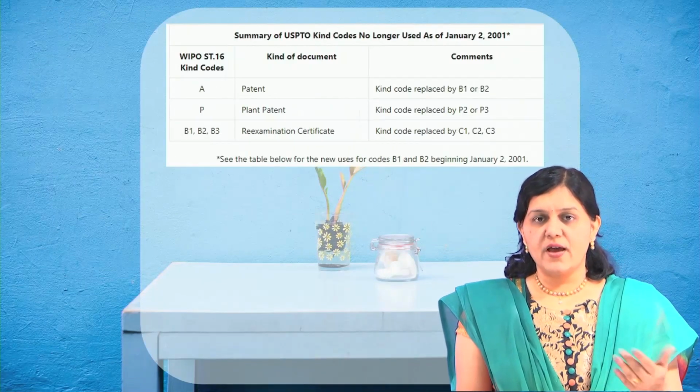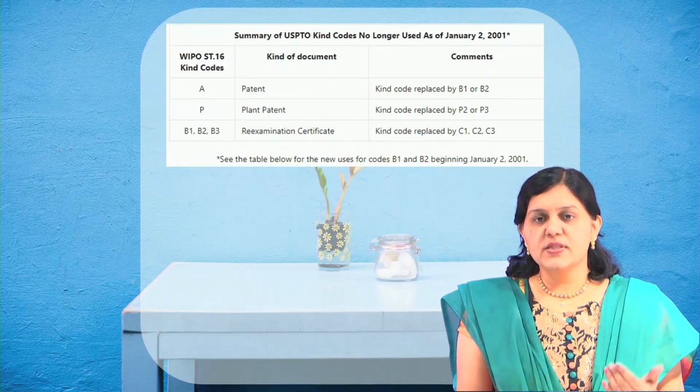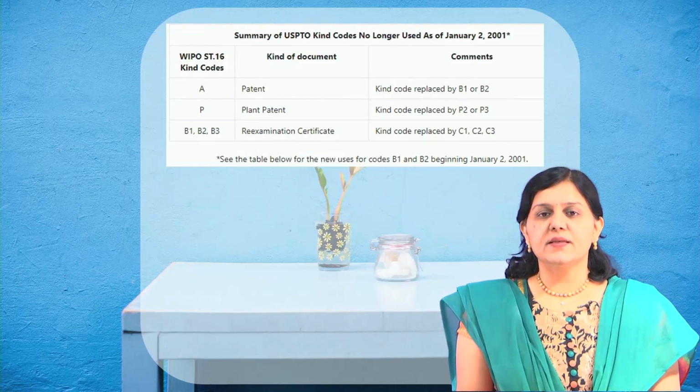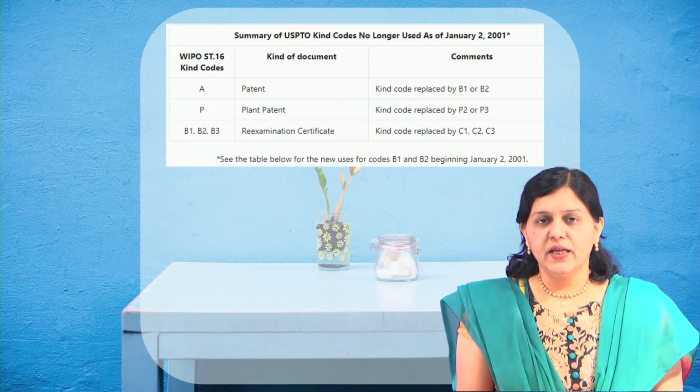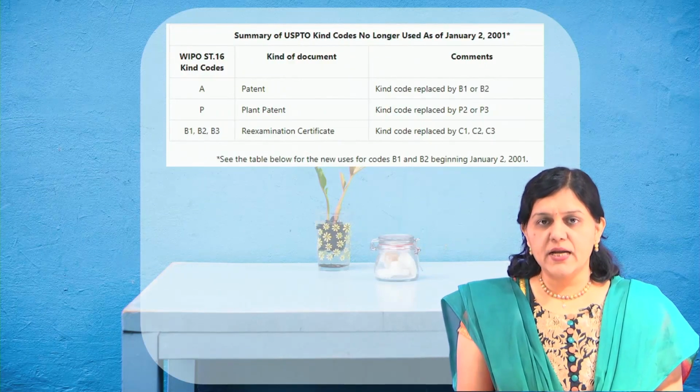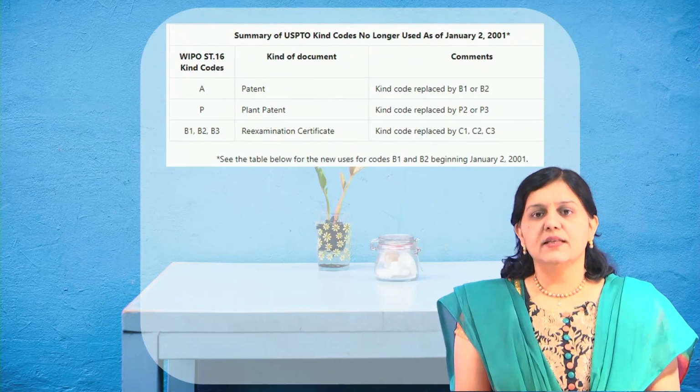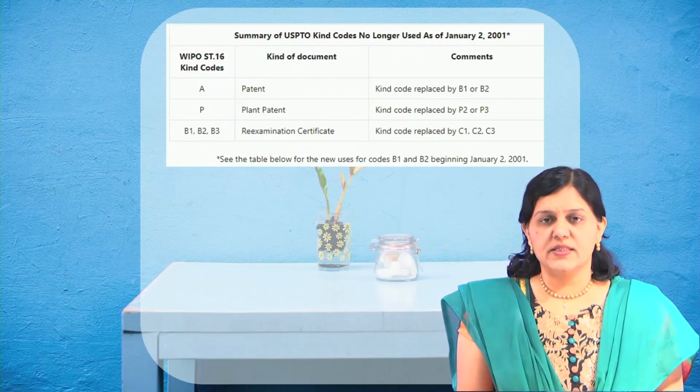Now, we will check the USPTO kind code system. So, we have seen first the WIPO system, then we have seen the European system. Now, we will check how USPTO works. So, here in USPTO, the kind code system is like this. You can just go through this and check.